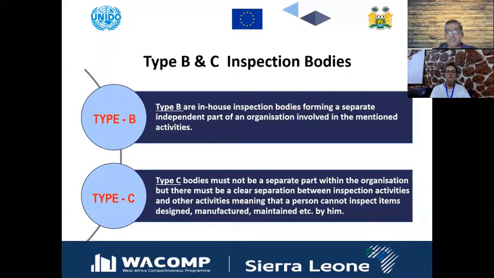They are not type A. They are then considered as type B. Similarly, there is a type C also. Type B and type C inspection bodies are never considered independent third-party inspection bodies. Yet they need to be developed for the improvement of their own produce, their own farms, or their own cooperatives.